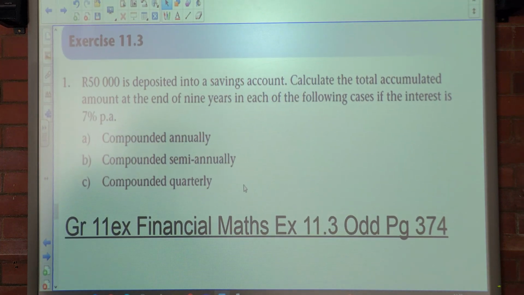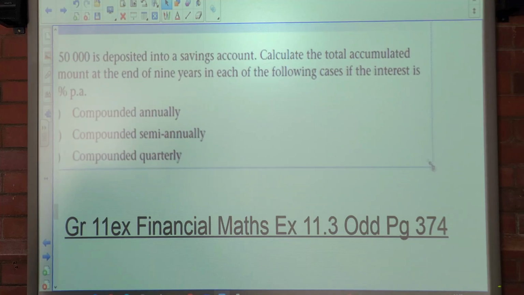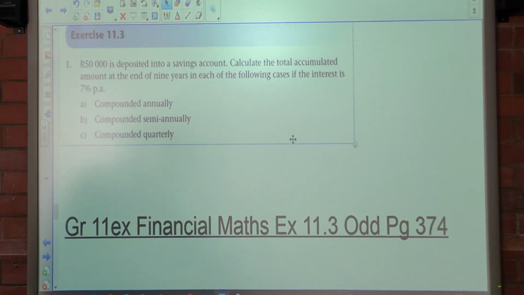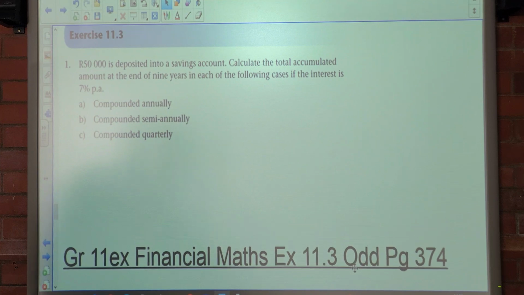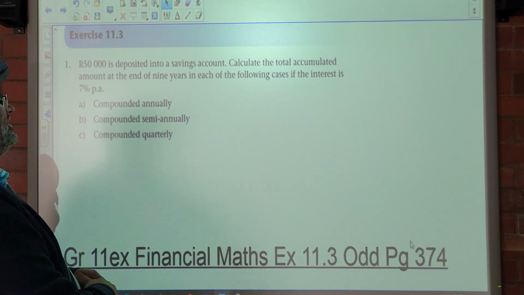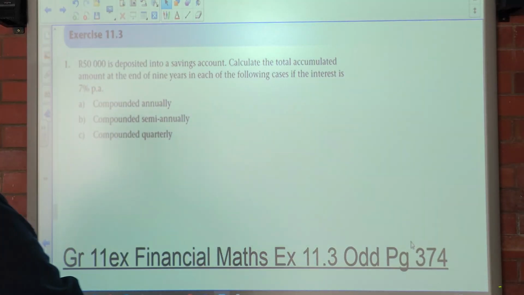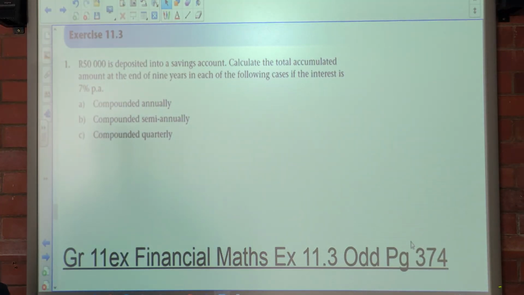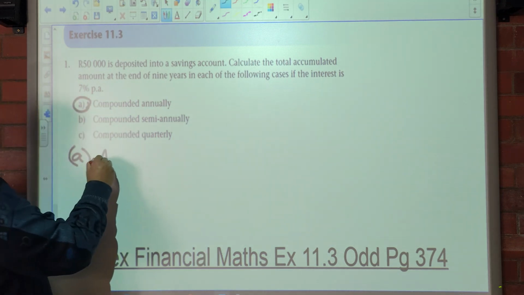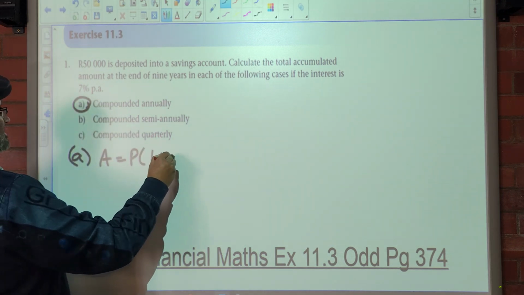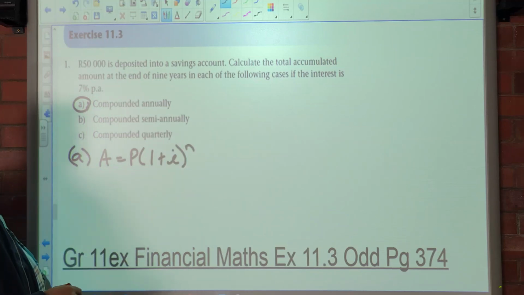11.3. We are told that 50,000 is deposited in a savings account. Calculate the total amount accumulated at the end of 9 years in each of the following cases if the interest is 7% per annum compounded annually. So let's go with A. A is equal to P into 1 plus i to the exponent n.